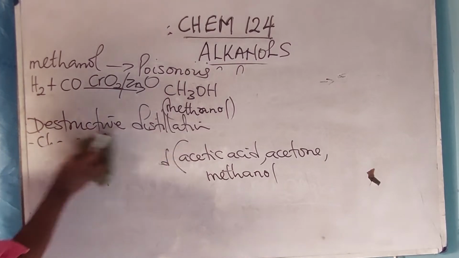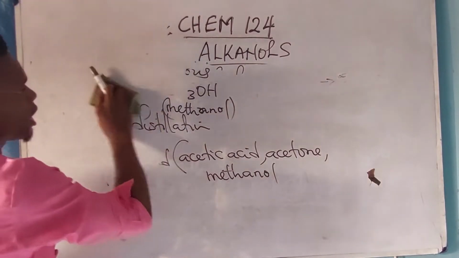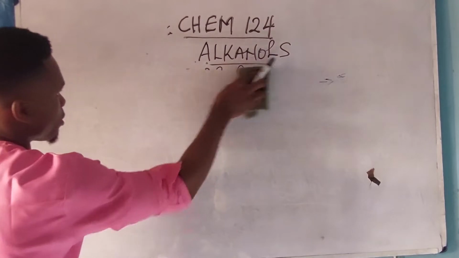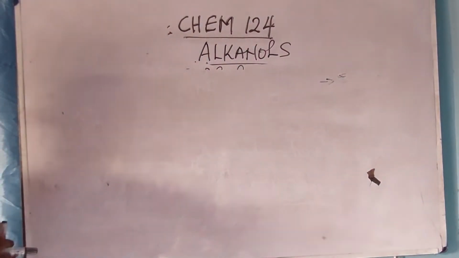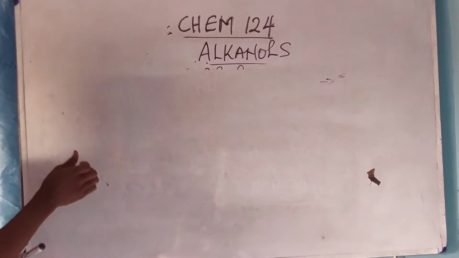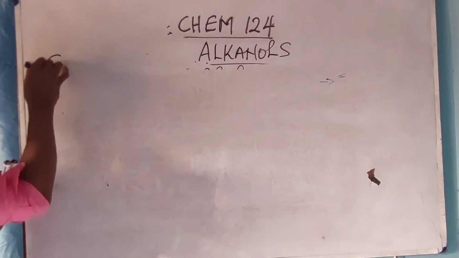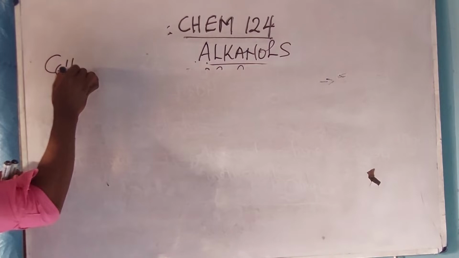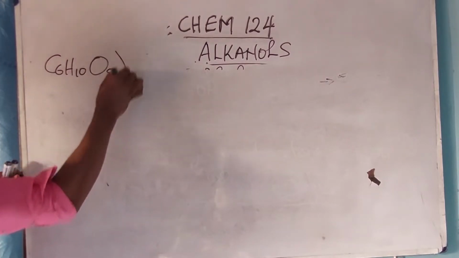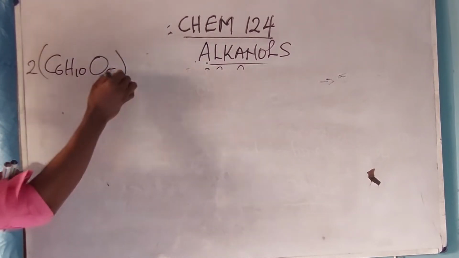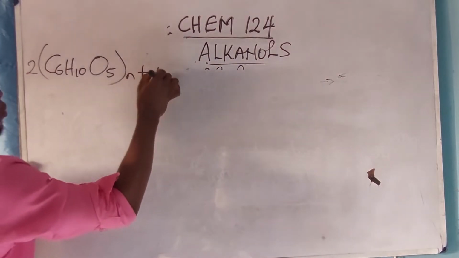Now, how do we prepare ethanol? Let's use the word prepare, not produce, please. Ethanol is prepared when you have (C6H10O5)n plus water molecule.